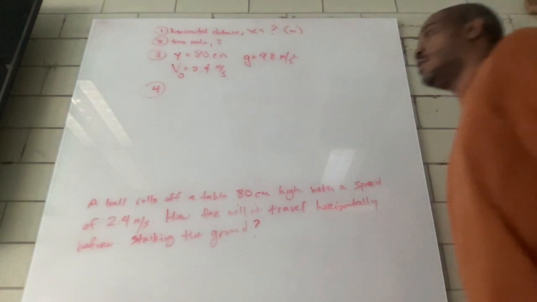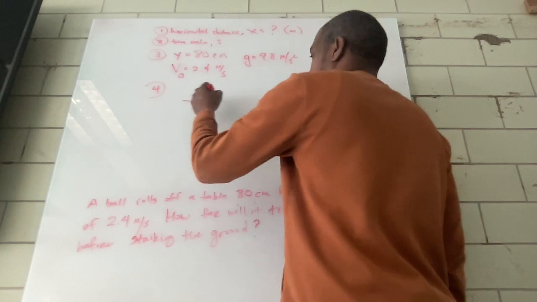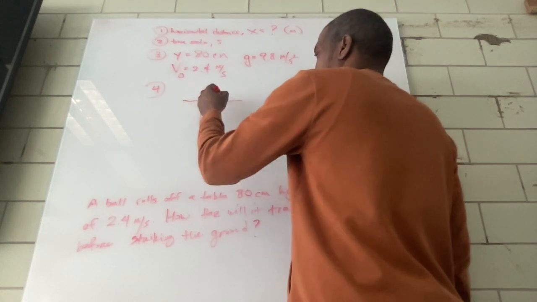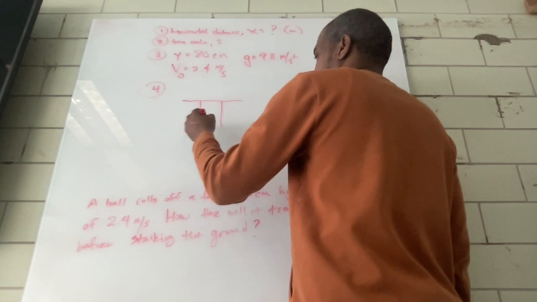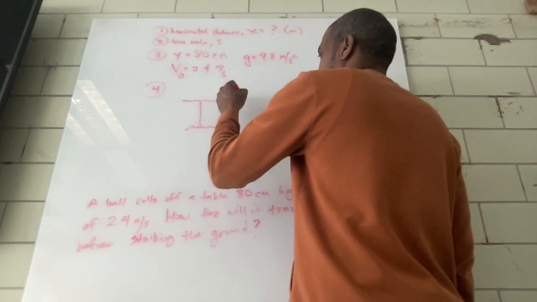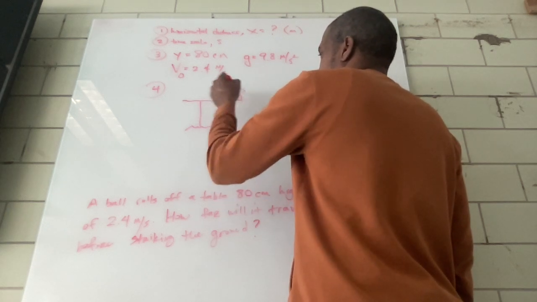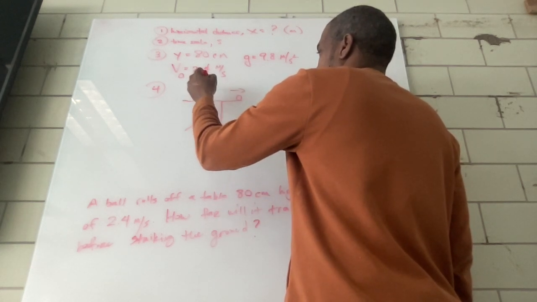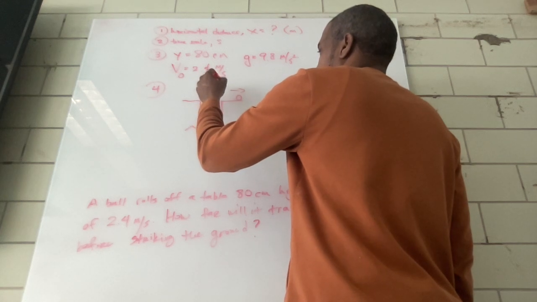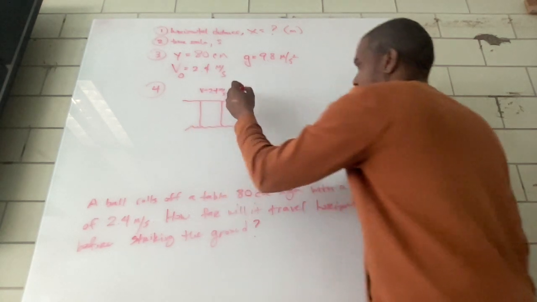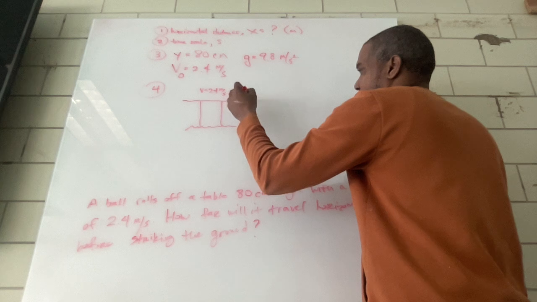Cartoon, right? So we had a table here, some legs, maybe a little grass there. Here's the ball. The ball is rolling. It has speed of 2.4 meters per second. So when it comes off of here, it's gonna come off like this.